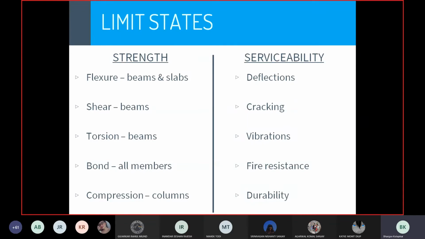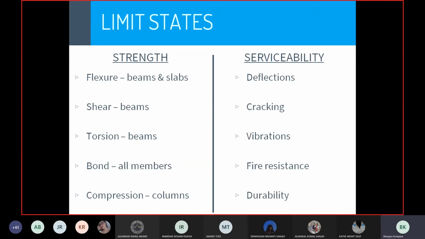We had a similar list in steel, like we have in concrete here. So the limit states of strength are flexure or bending. This particular state is significant when we are designing beams and slabs. The next limit state of strength is shear, which is important when we are designing beams. We also consider it in the design of footings.